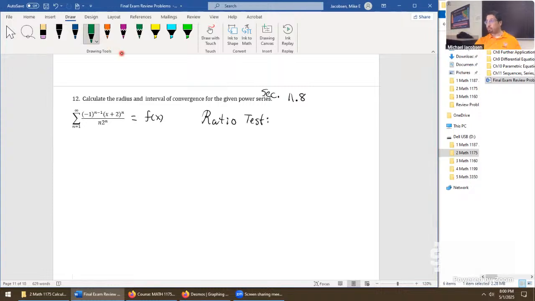In that ratio test, we want to look into the n+1 term, and that means we're just going everywhere inside here, incrementing n to n+1. So this will become (-1) power of n, (x plus 2) power of n+1, down below, (n+1) times 2 power of n+1.